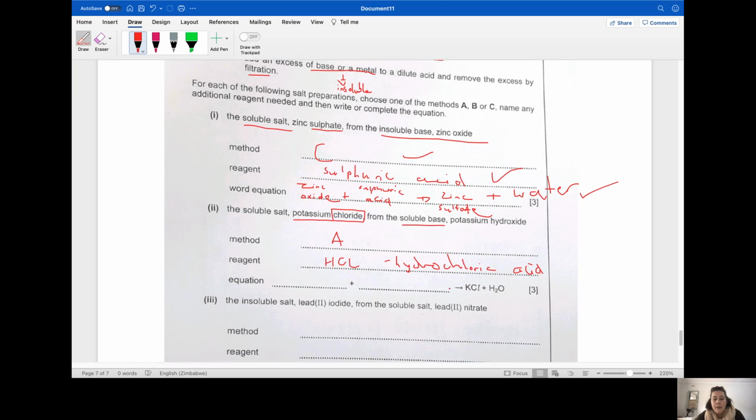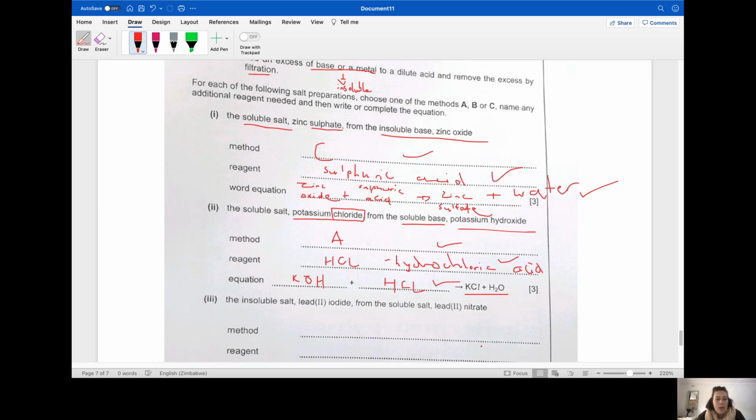Now your equation, you have to write it out. Potassium hydroxide, KOH, they told you potassium hydroxide, plus hydrochloric acid, which you would have figured out there. 2 marks, 1 mark for each of those lines.